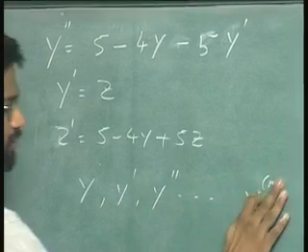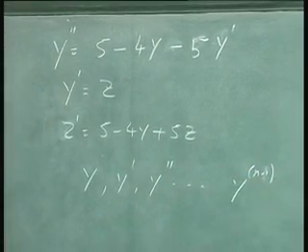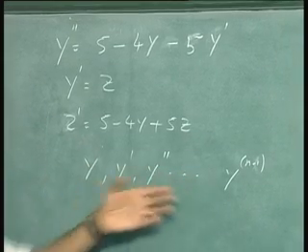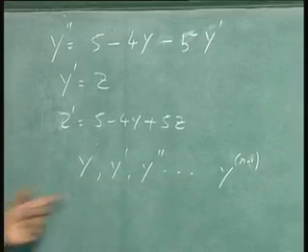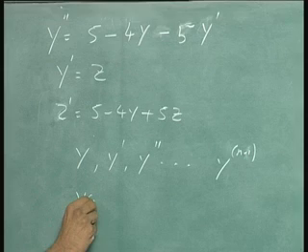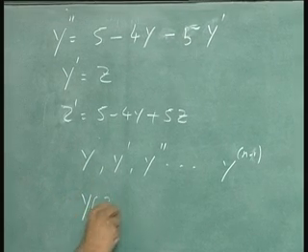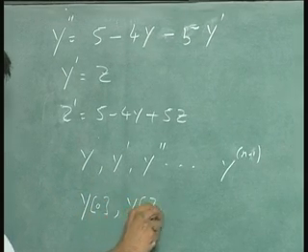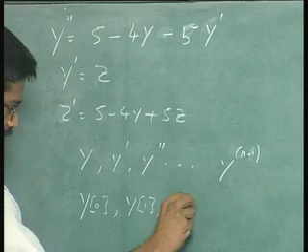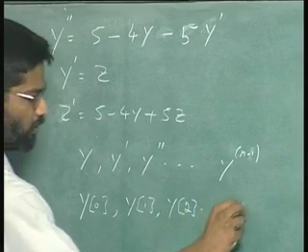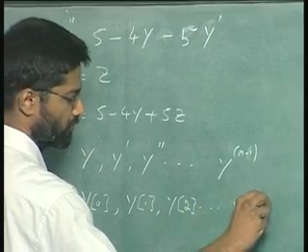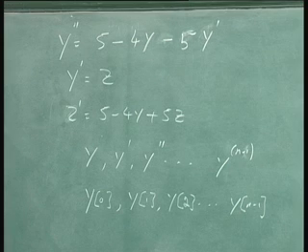So that's n minus 1. That will be our solution set. We'll have all of them as a function of x. We call them y0, and we'll put them in an array, y0, y1, y2, etc., to y(n-1). That's what we will do in the program.